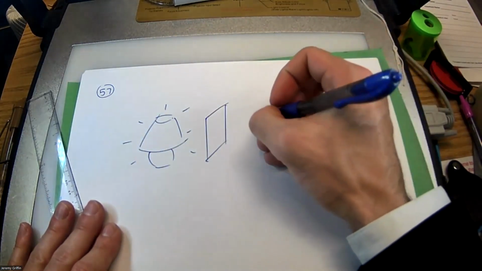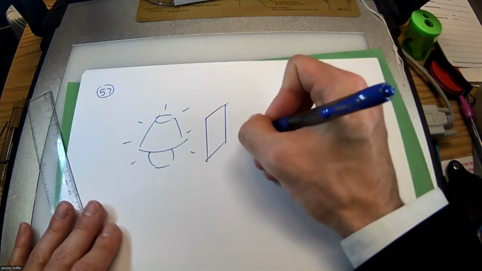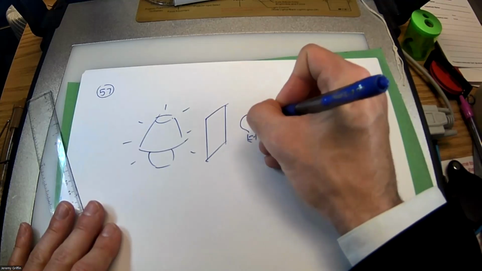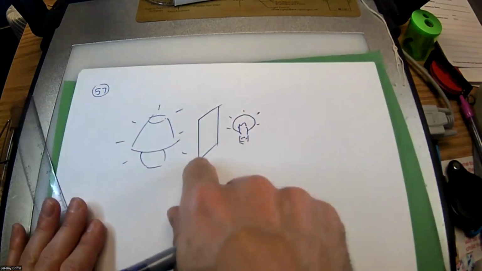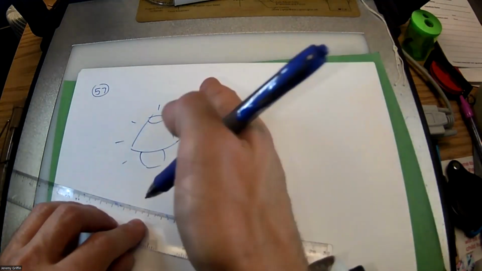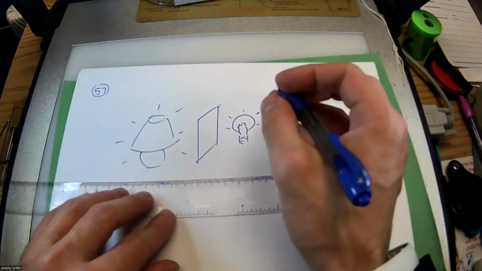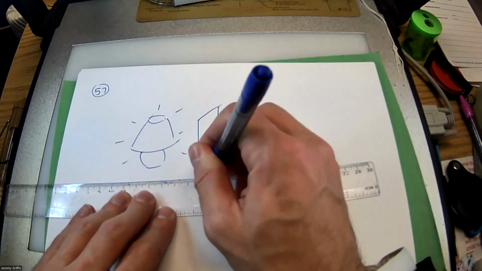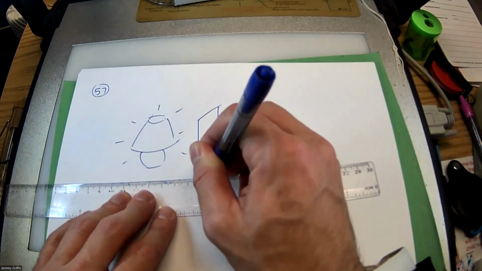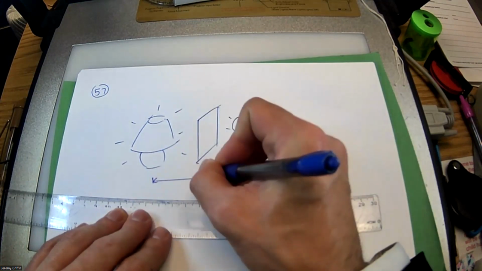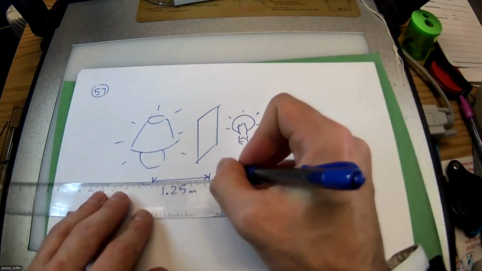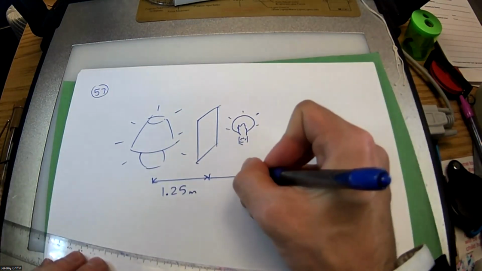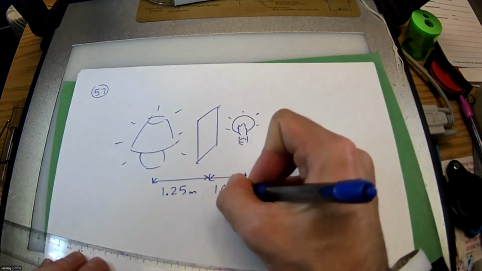On the other side, I have a light bulb, and it's also lit up. From the point of view of the paper, the right side of the paper is the bulb, the left side is the lamp. They seem equally bright. But if you plug in the distances, this lamp is 1.25 meters away, and this bulb is a bit closer, 1.08 meters.